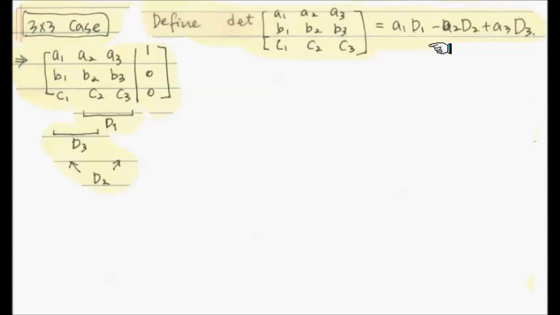This A1, A2, A3 appeared as coefficients of d1, d2, d3, and these A1, A2, A3 are the top row. So the way we're going to define the determinant of a 3 by 3 matrix is that the top row entries become the coefficients. But the odd thing is that A1 is picked up, but there's a negative A2 and then a positive A3. So the sign alternated.